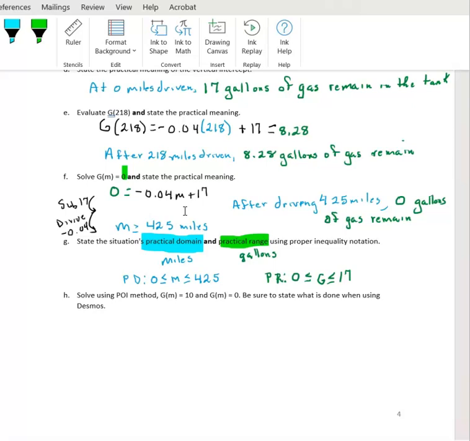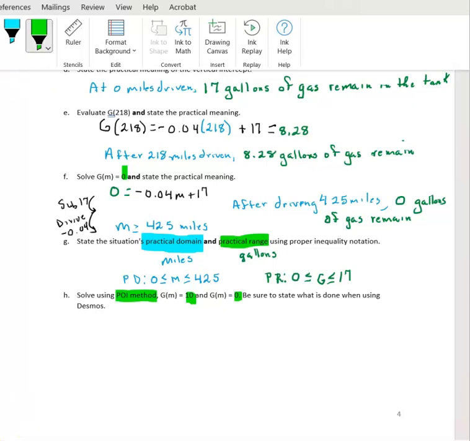Now we want to use the point of intersection method. We're going to use Desmos to calculate the 10 and the 0. Essentially, it's the same thing that we did in part F for this second calculation, because we're solving in both cases. Remember that each of these are output values, and that's why we're using the point of intersection method, because we're trying to find out where those things intersect.